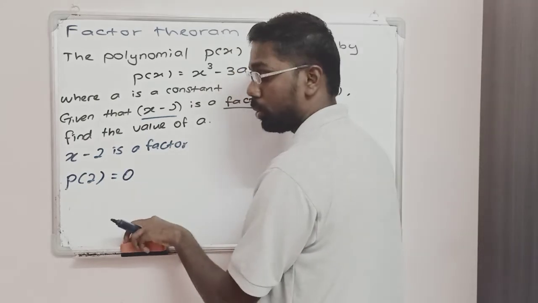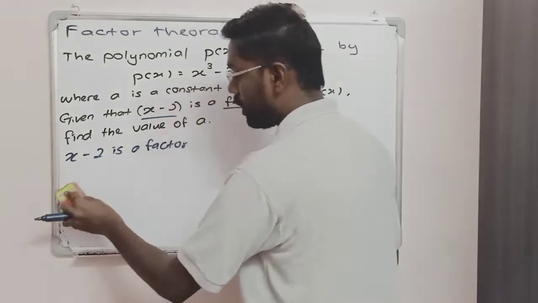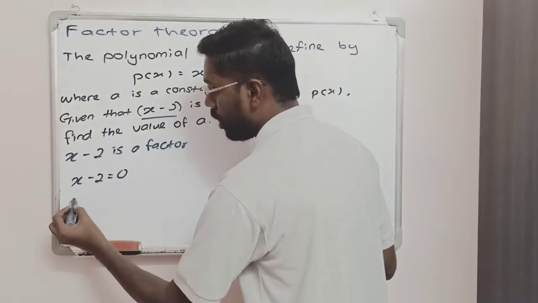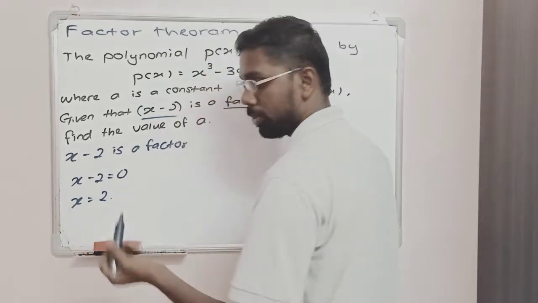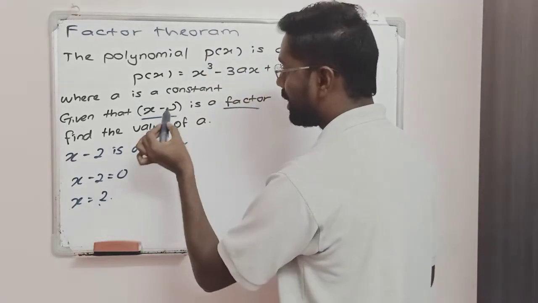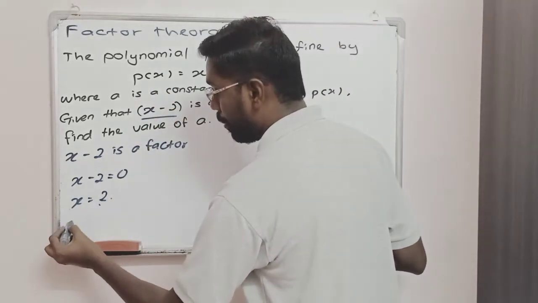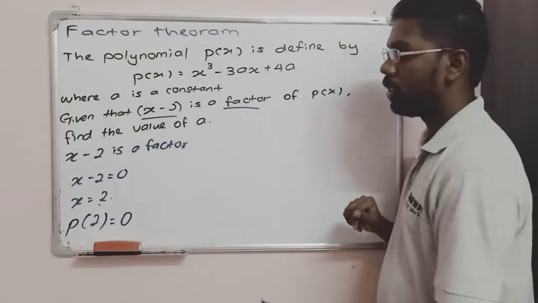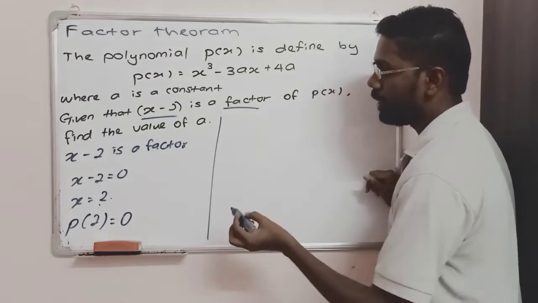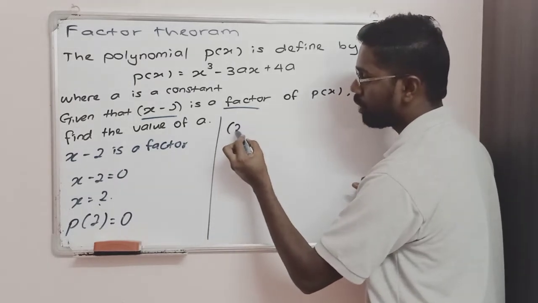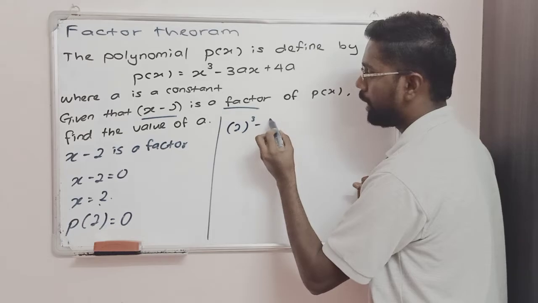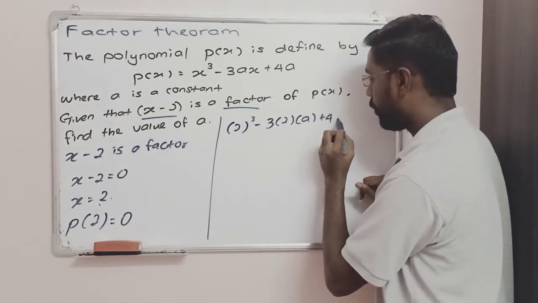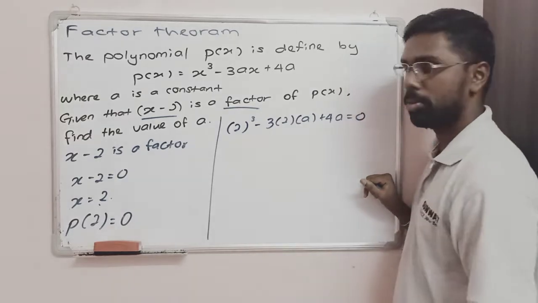How can I get this 2? Normally I make x minus 2 equal to 0, therefore x equals 2. I take this value and substitute inside here, so P(2) equals 0, which means 2 cubed minus 3 times 2a plus 4a equals 0.